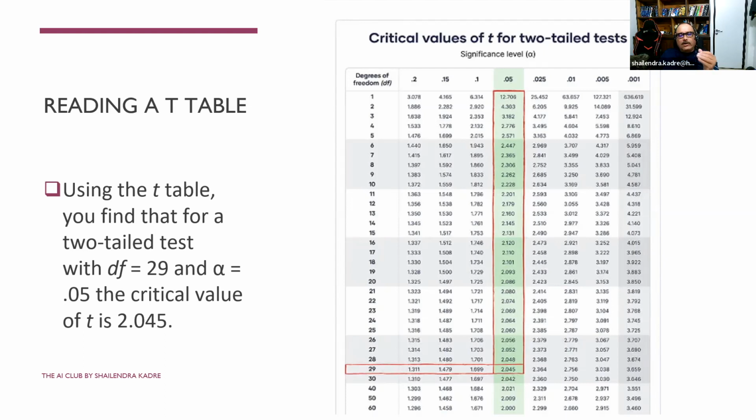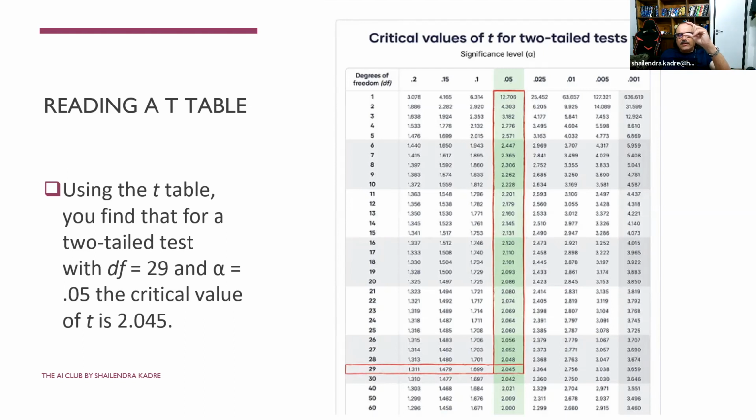Suppose you calculated your degrees of freedom as 29, and the significance level is 0.05. We have not covered significance level so far, but we'll cover it in the hypothesis testing class. Suppose the significance level is 0.05 and my degrees of freedom are 29.